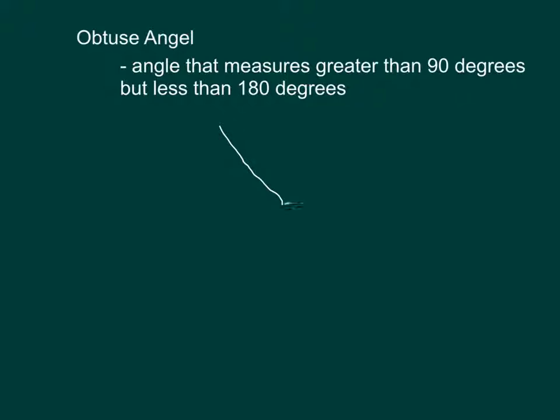Have the vertex, call it B, with this point A and this point C, and the measure from ray BC to ray AB would be, let's say, 120 degrees.